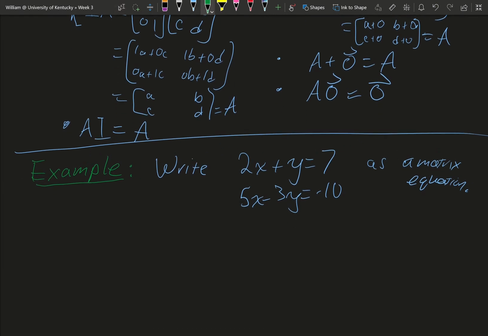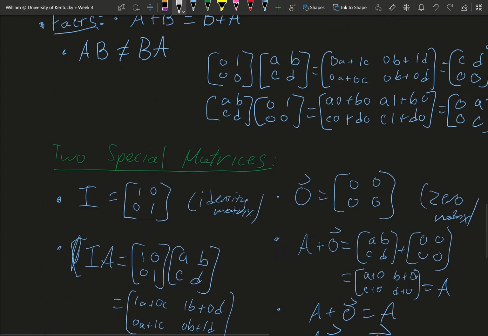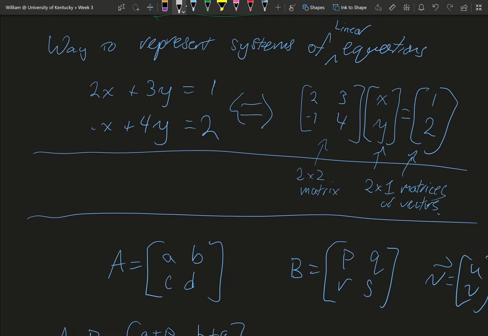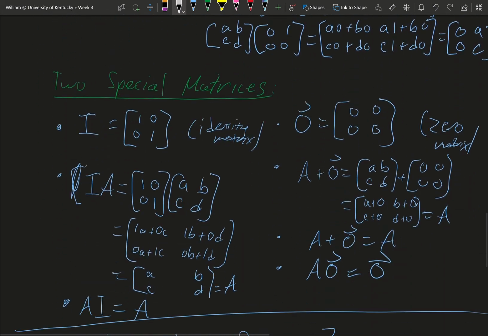I already told you how to do this up here. We just make sure the variables are in the right rows, and we treat this as a square, write down what the coefficients are, and then similarly for everything else.